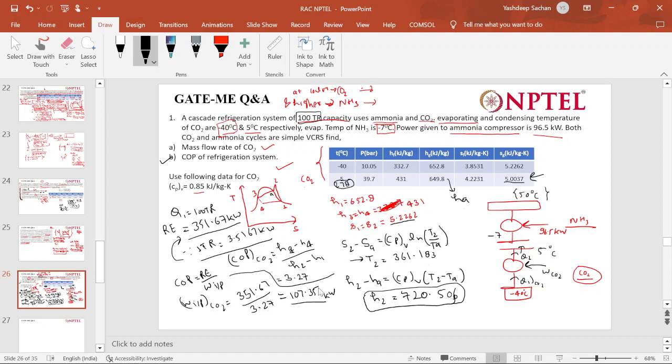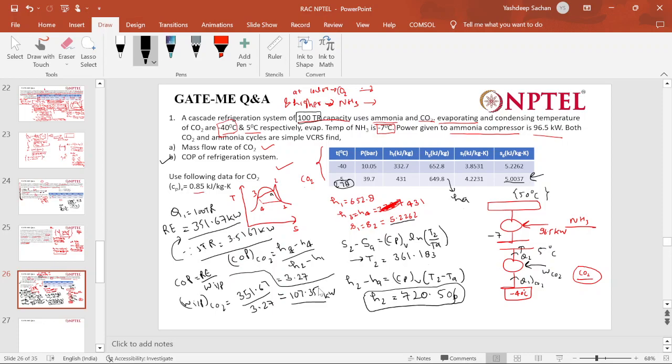Sir, if we calculate COP with the help of temperature limits, that is 5 degree and minus 40 degree Celsius, then will it be right to use that?